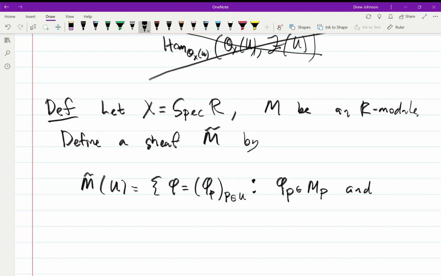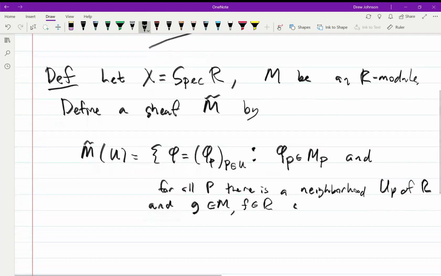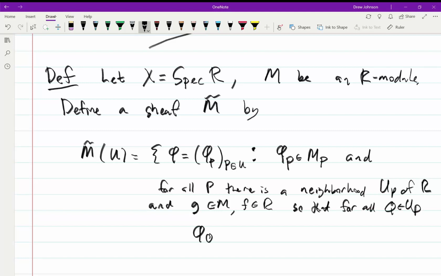And for all P, there is a neighborhood U_P of P, and g, where g is going to be an element of the module, and f is going to be an element of the ring, so that for all Q in the neighborhood, we have that phi_Q is given as a quotient of g and f.